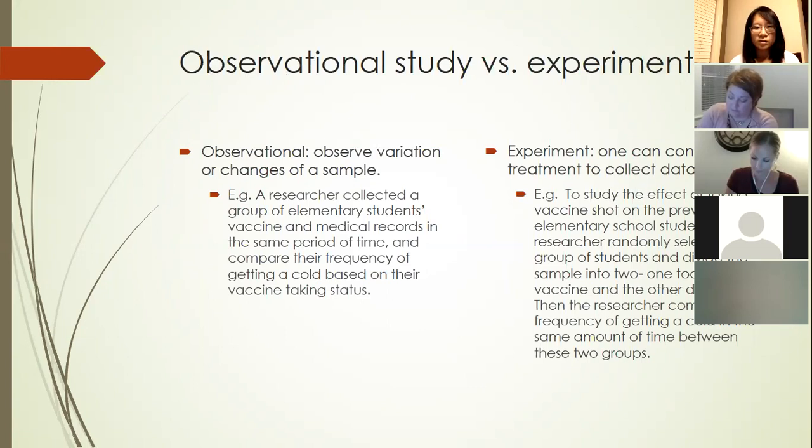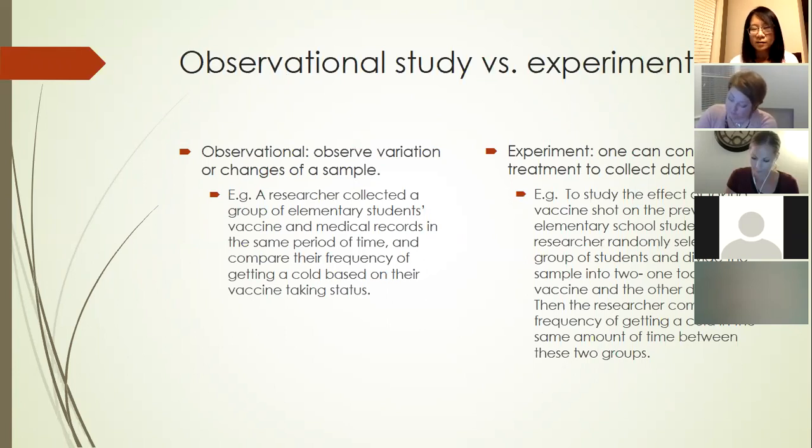For example, researchers collect a group of elementary school students' immunization records and other medical records in the same period of time, and compare their frequency of getting a cold based on their immunization records. So this is an observational study. You collect data, you don't make any control. That's observational.